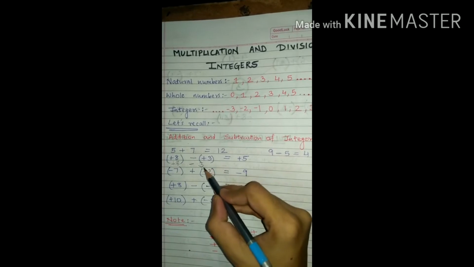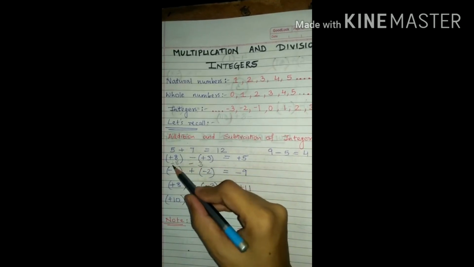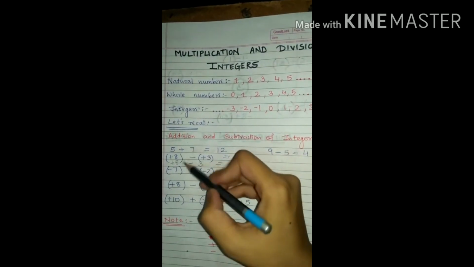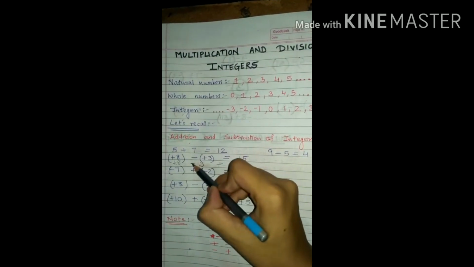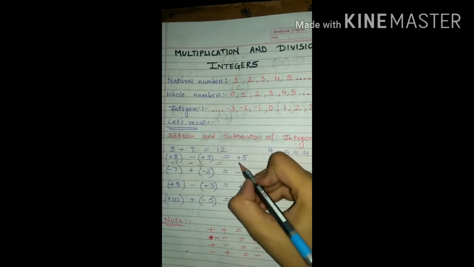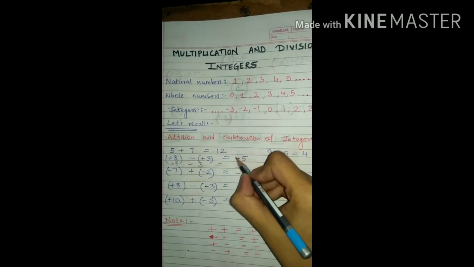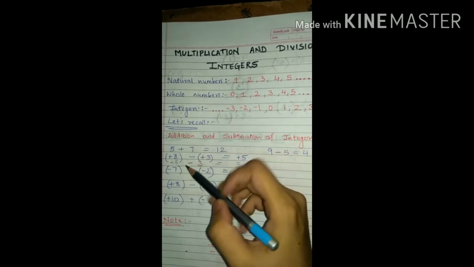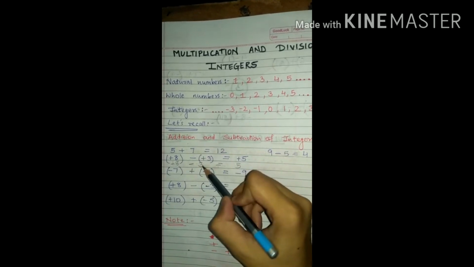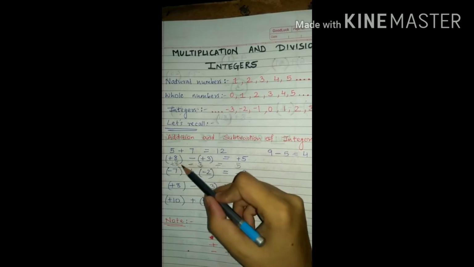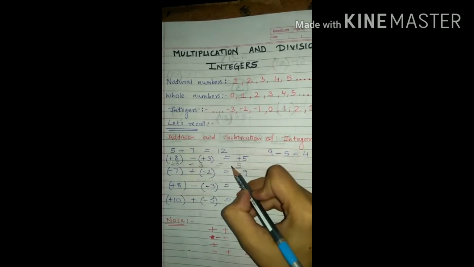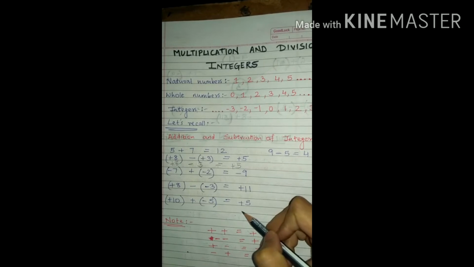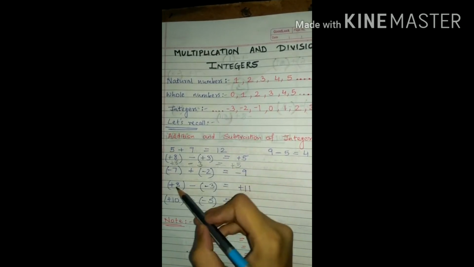Then again, plus into minus is minus. So the operation to be performed here is minus. 8 minus 3 is 5. And the sign depends on the bigger number. Which is bigger? 8, and 8 has a plus sign, so we give plus. In this manner we will do it.